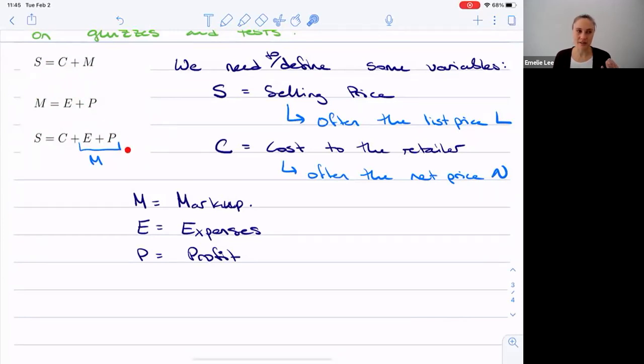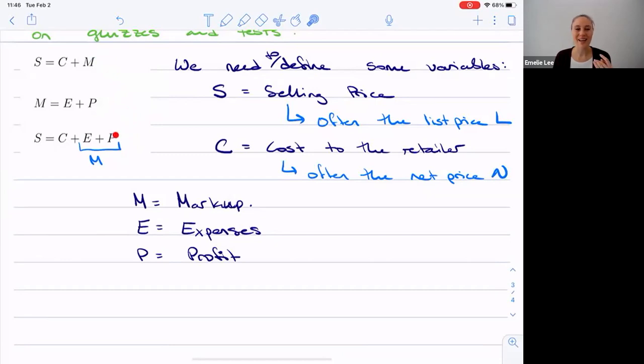Here's the tricky part with these problems. Depending on the information that you have, you might be better off using this formula instead of this formula, right? So these are both solving for S. Or maybe you have to solve for C, right? So let's pretend that you have to solve for the cost. What's the cost of an item?